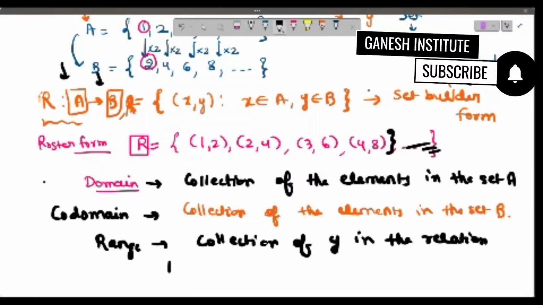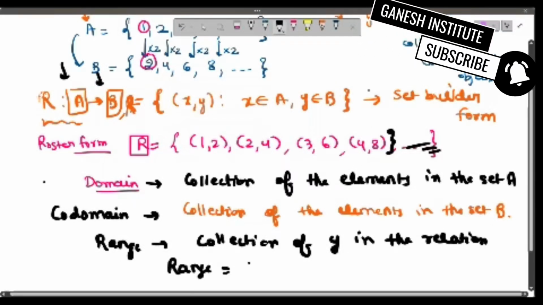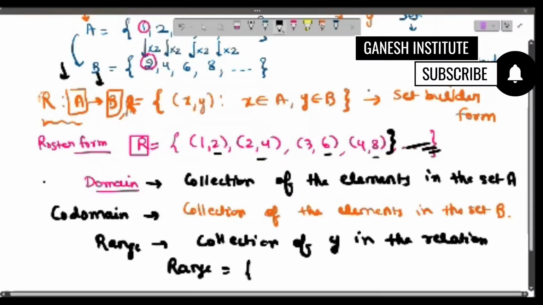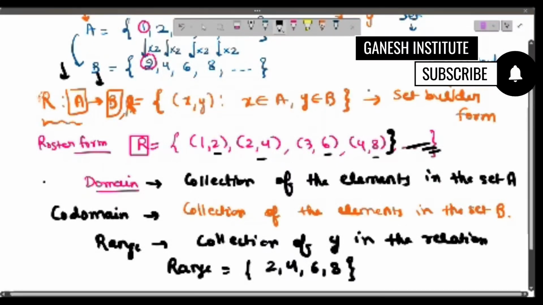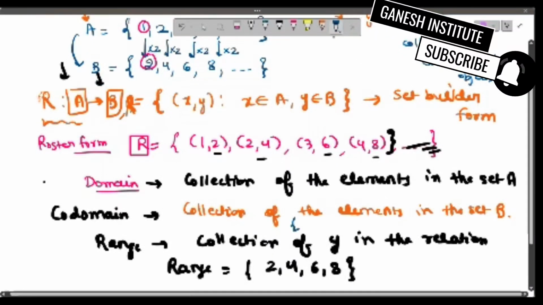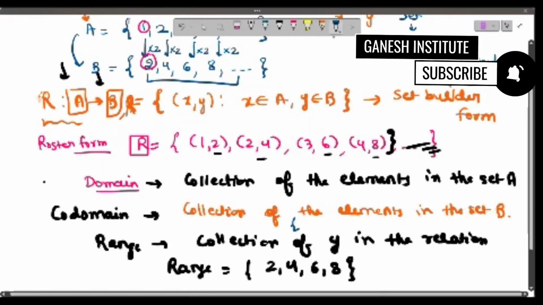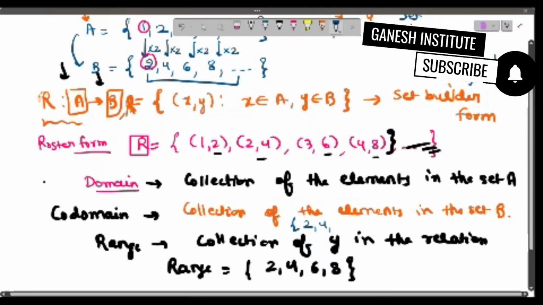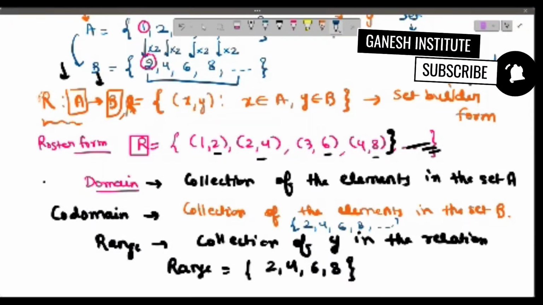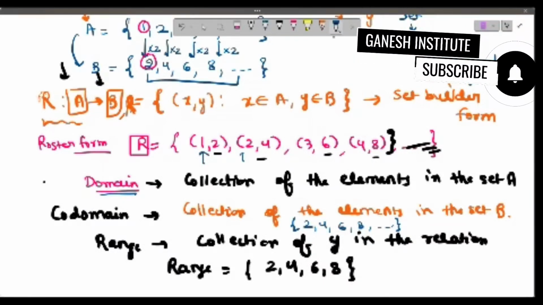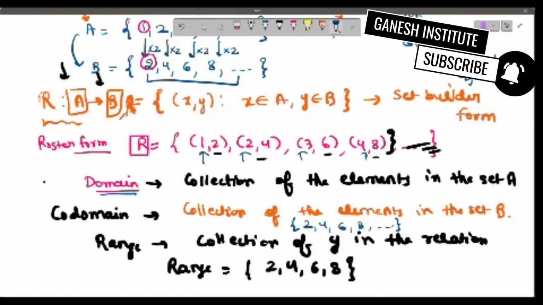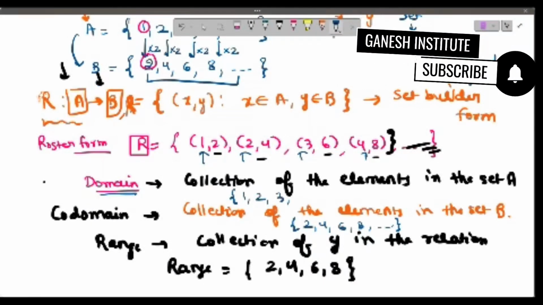So you will say that the range here is 2, 4, 6, 8. But the codomain here is the whole of set B, all the numbers. Are you getting my point? Domain is what you have here in the set, only in the relation form.